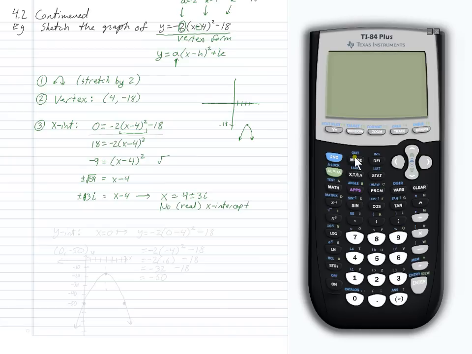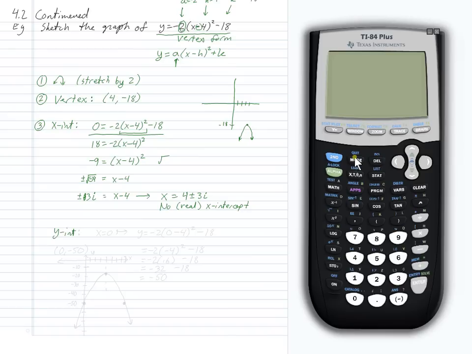There are only imaginary solutions to the necessary equation if there were x-intercepts. So, two different ways of seeing why there are no x-intercepts, but there's certainly going to be a y-intercept.